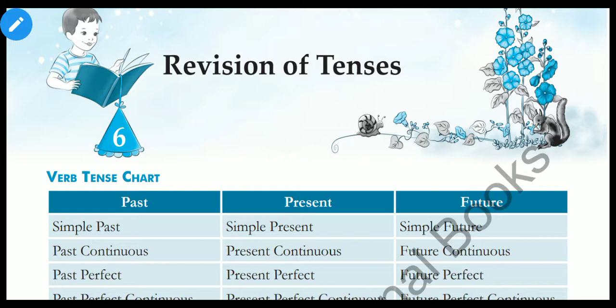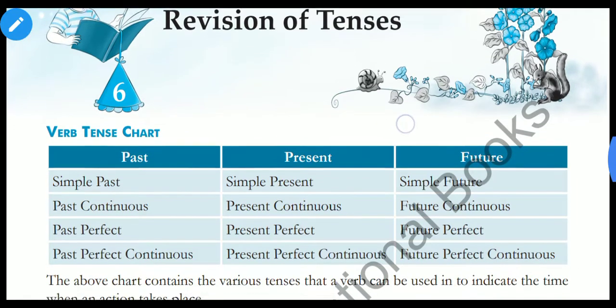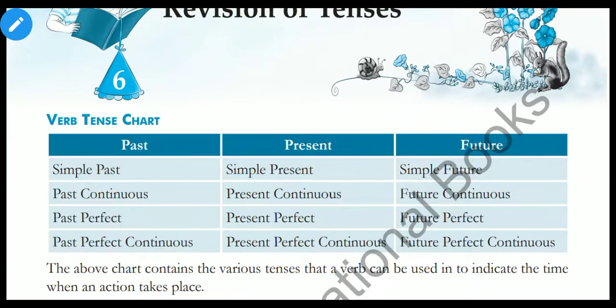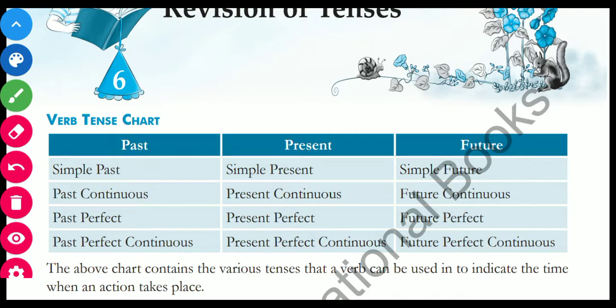In general, you know the tenses as present tense, past tense and future tense, but they have been further divided in this way, as you can see according to the chart. Over here you can see that we have simple past, simple present, simple future.